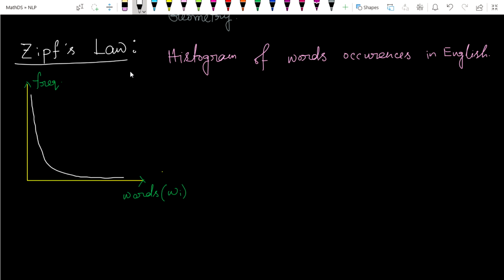Here the words will be like the, a, an, like that. These kinds of words lie in the most frequent region.